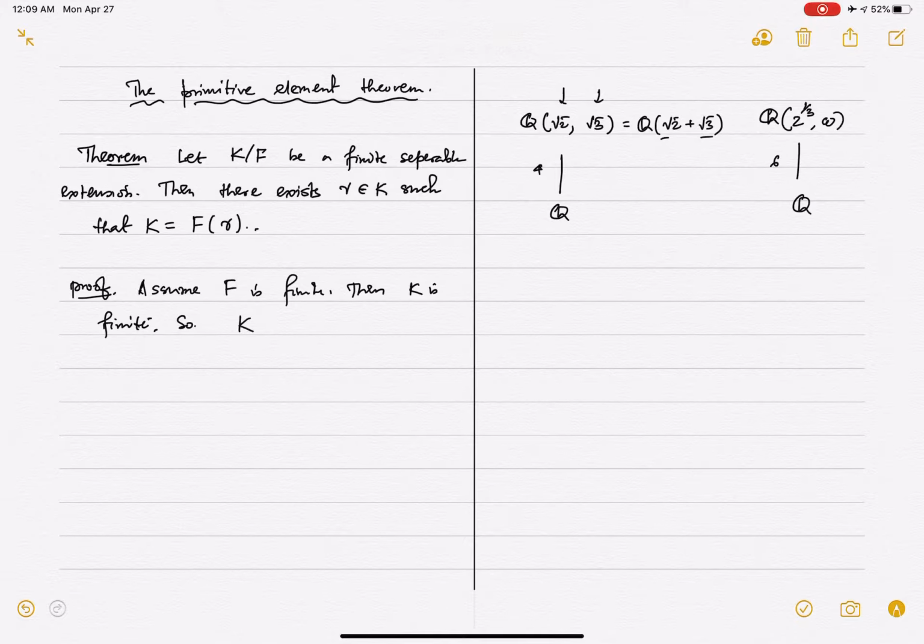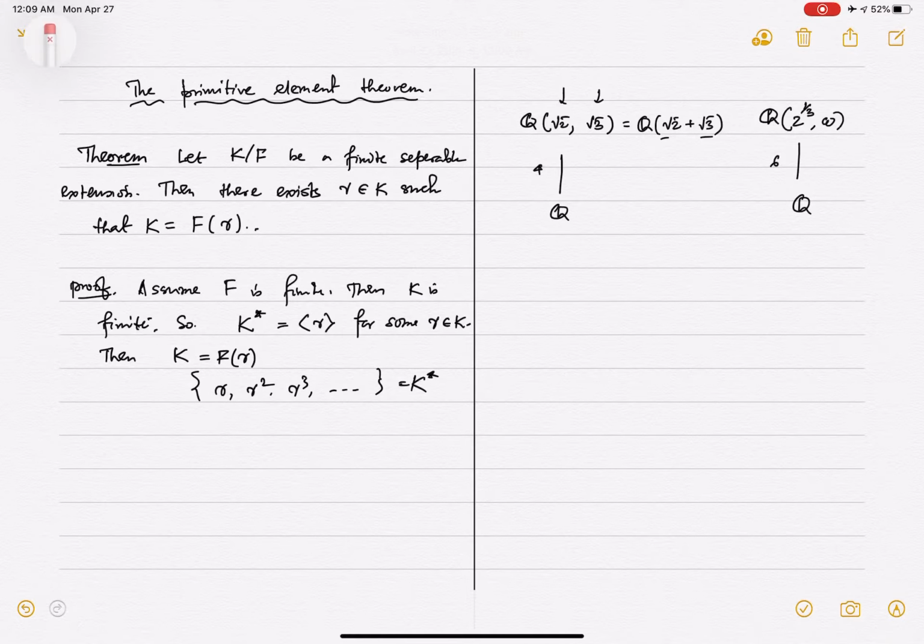Then this is the theorem that I'm referring to: the multiplicative group of a finite field is cyclic. So if you just add that generator to F, you're of course going to get all of K, because just taking the powers of that element gives you all the non-zero elements of K. So in this case, it's rather straightforward.